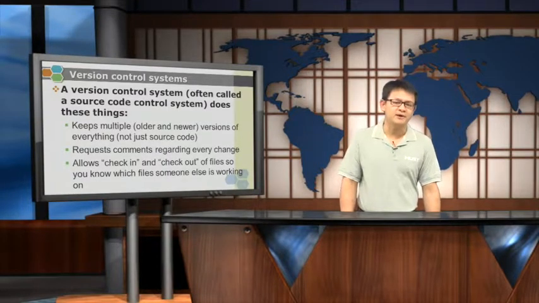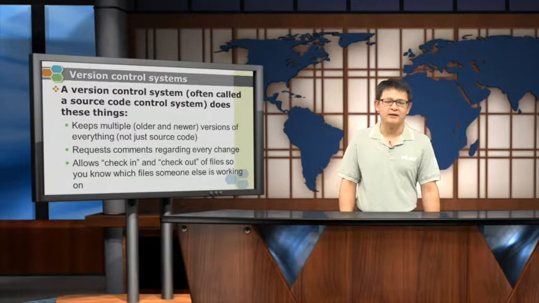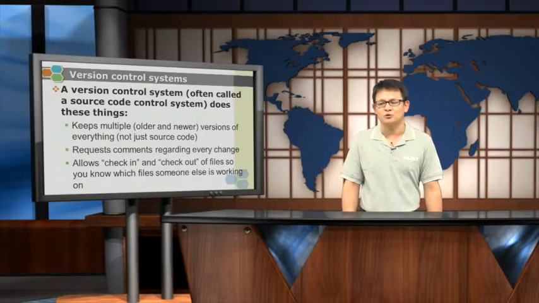It can keep multiple versions of everything, not just the source code. It can also keep, for example, the log files, the documentation, images, and other kinds of files, so that you can get back to a previous version at any time.